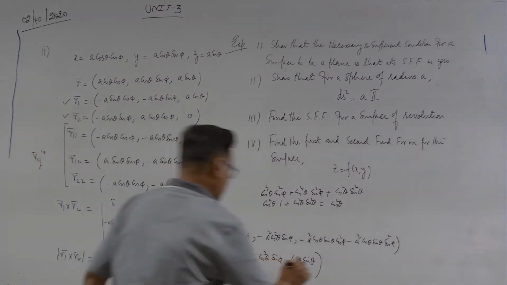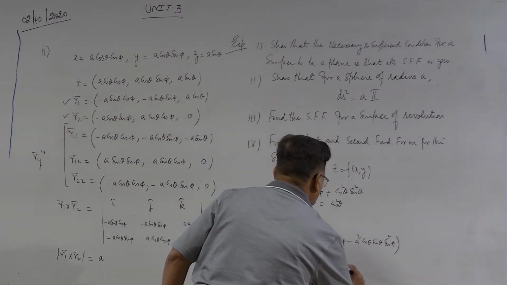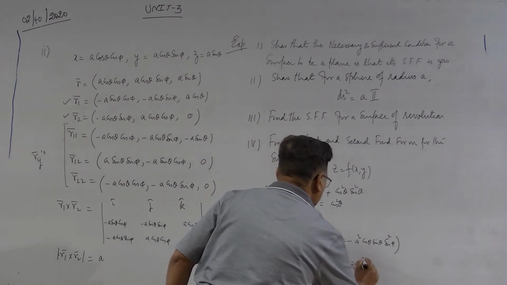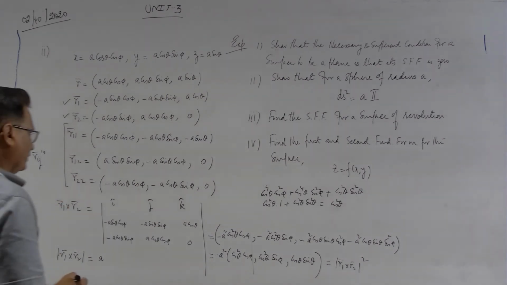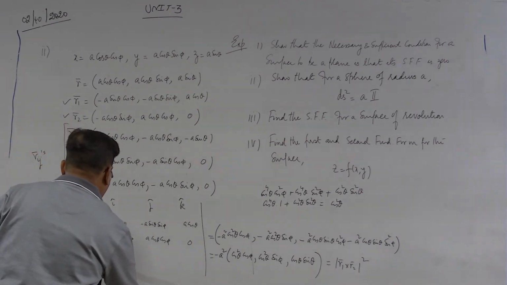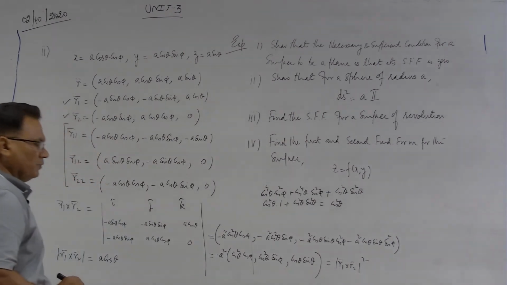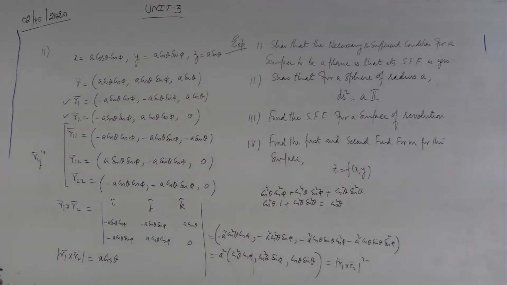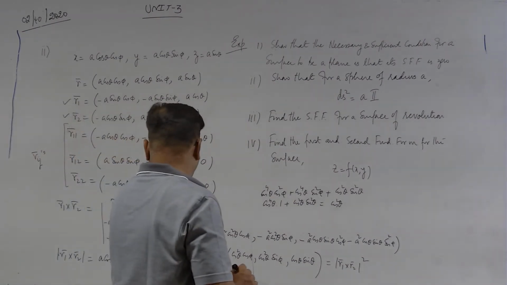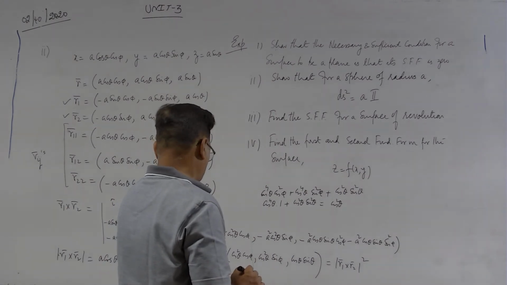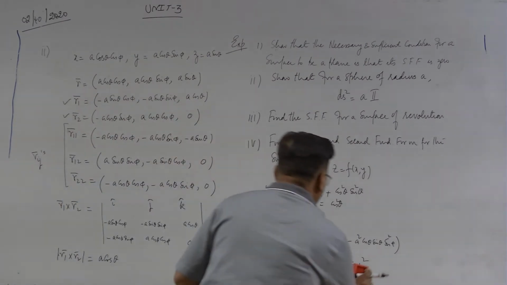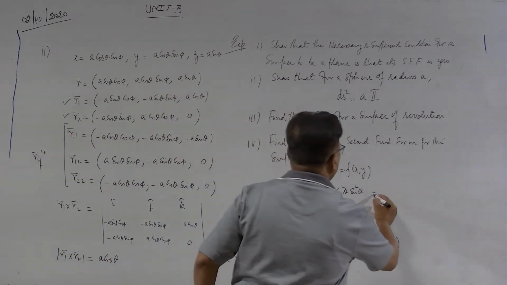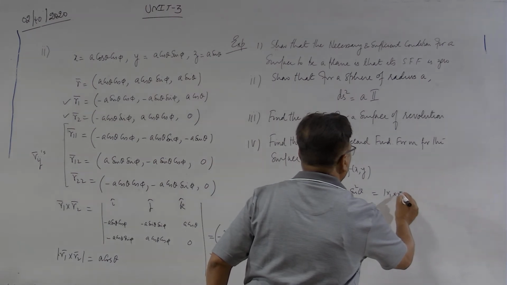This is mod of R1 cross R2 square. We have taken the dot product with itself. So, this is mod square. So, this will become A cos theta. Okay. Now, when you will divide this by A cos theta, no, this is mod of R1 cross R2 square.